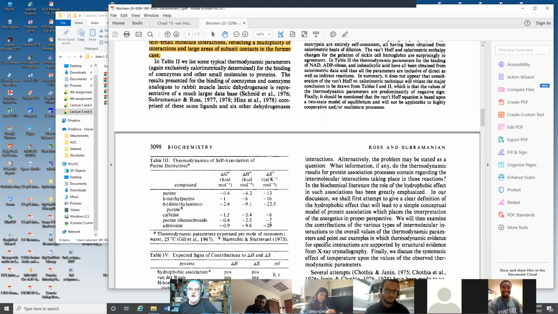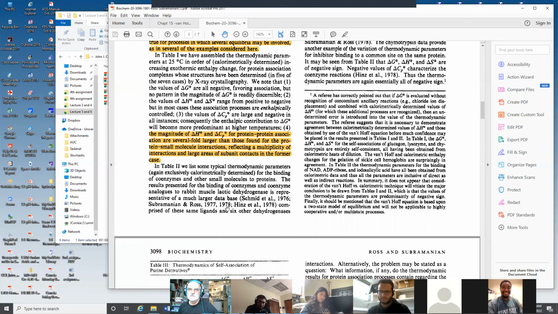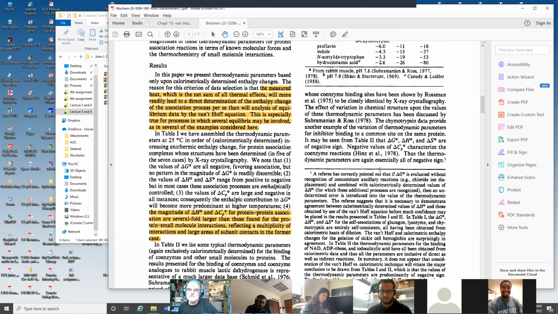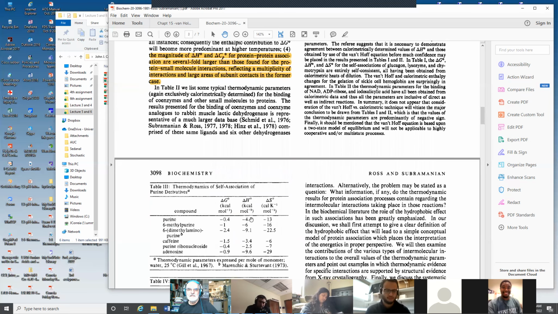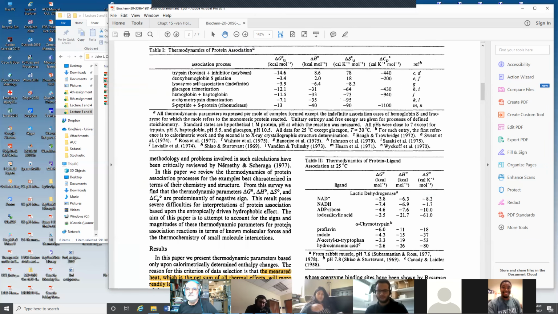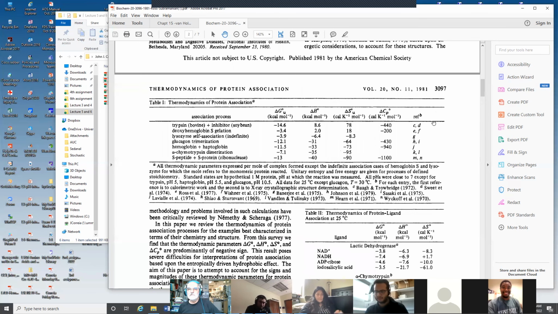Okay. And so a lot of the published data on small molecule interactions or on ligand protein interactions tend to show negative enthalpies and negative entropies. And so if you then imagine protein-protein interactions, this is the table in this paper, but it mimics the table in the book, they show mixtures. Sometimes it's positive enthalpies, sometimes it's negative enthalpies.